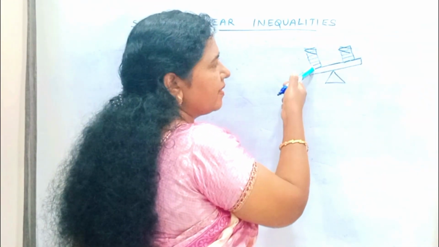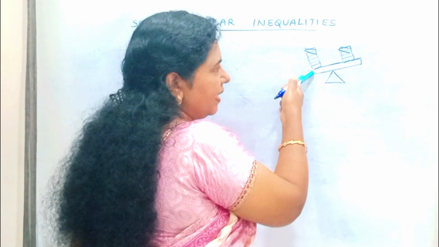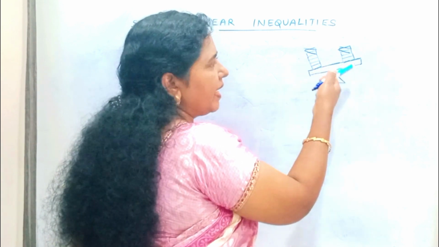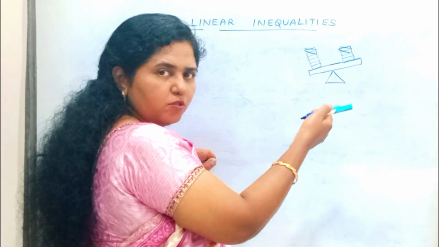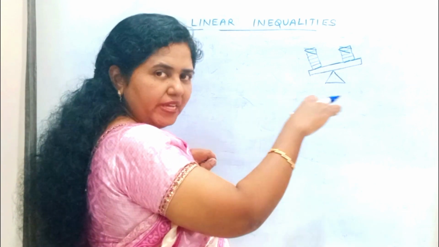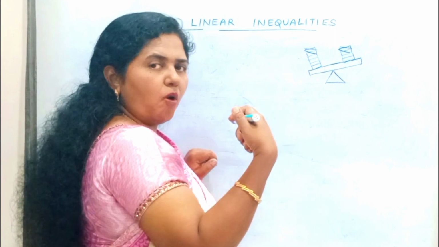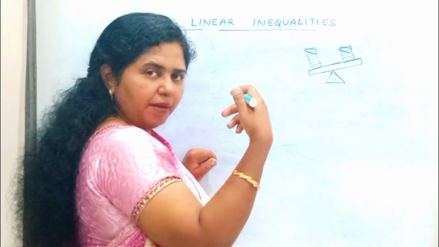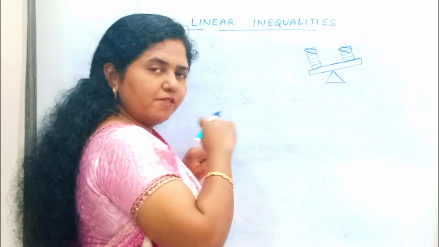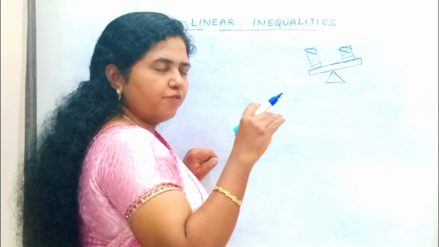Here the number of blocks was more initially compared to this, and I added the same number of blocks to both the sides. There was no change in the state of the balance. I took out the same number of blocks from both the sides, and there was again no change in the state of the balance.